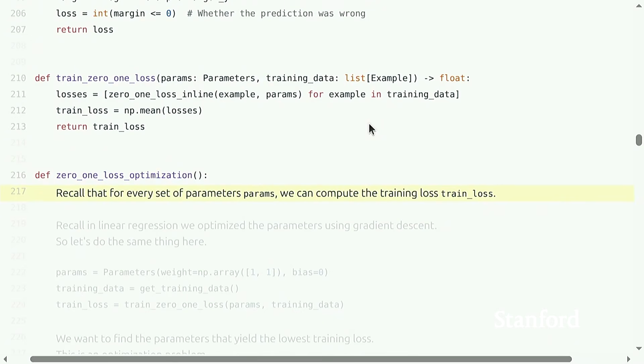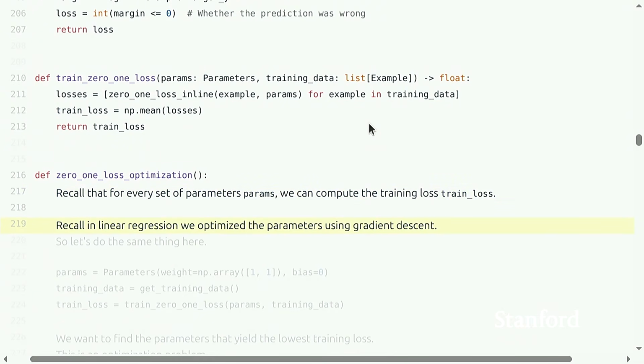Now we're done with the second question, which is what loss function am I optimizing? I want to optimize the zero-one loss. And now we're off to the races. We can do optimization. Remember that for every setting of the parameters, we can compute a training loss.